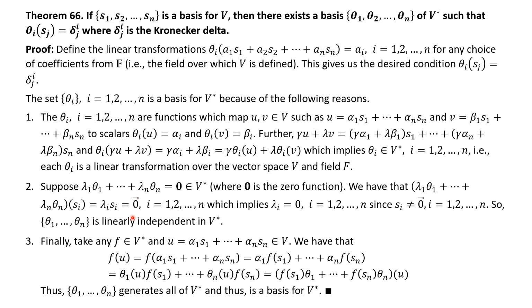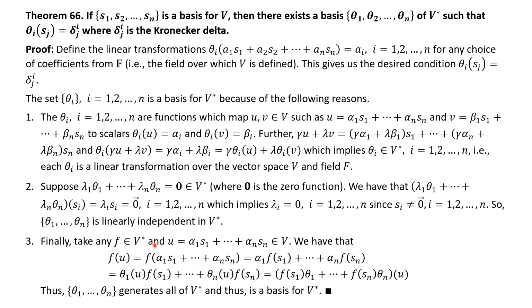So we have this expression here. Now remember that s sub i is a basis vector, so it's not 0. And that forces us to conclude that lambda sub i equals 0 for i equals 1 to n. In other words, all the coefficients here are 0, which implies that theta sub 1 up to theta sub n are linearly independent.